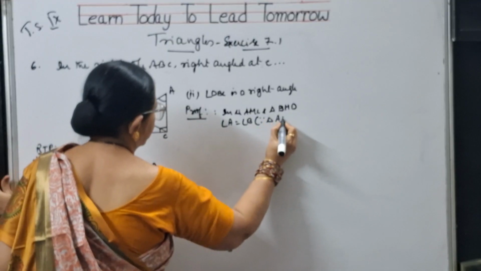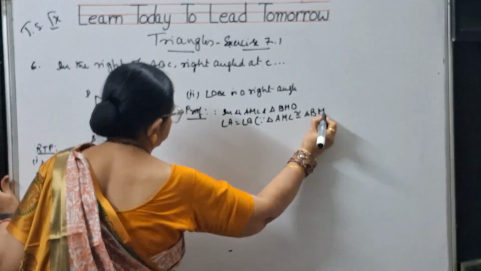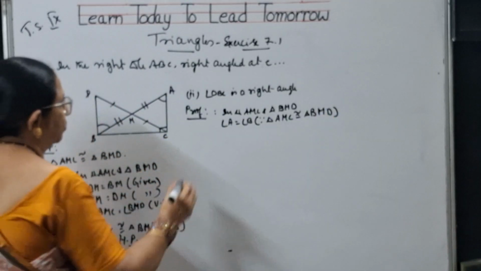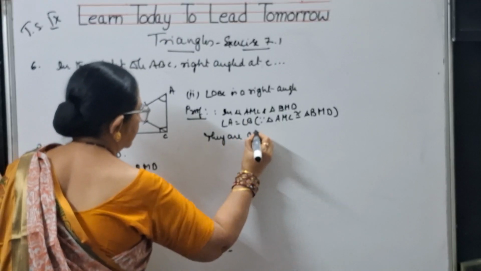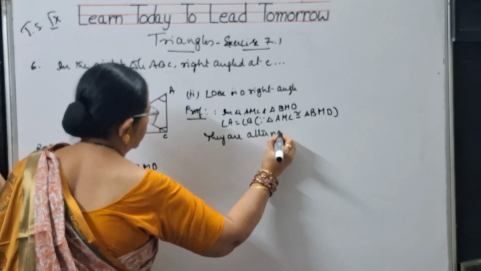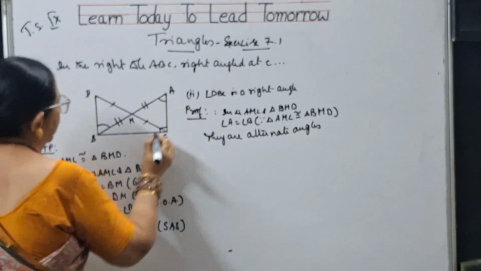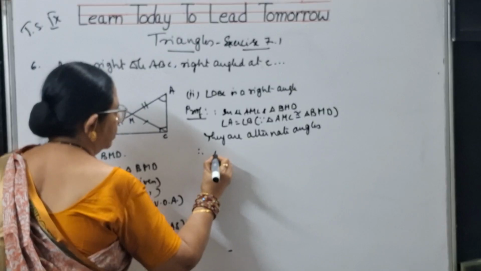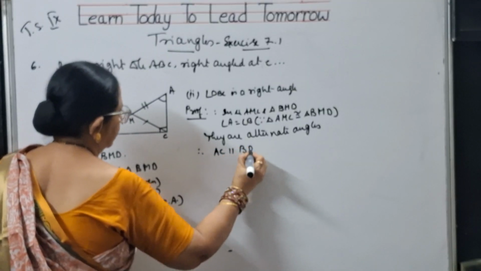Because triangle AMC is congruent to triangle BMD. Just now we have proved it here. So they are equal. What are they? They are alternate angles for these two lines. Therefore, AC is parallel to BD.